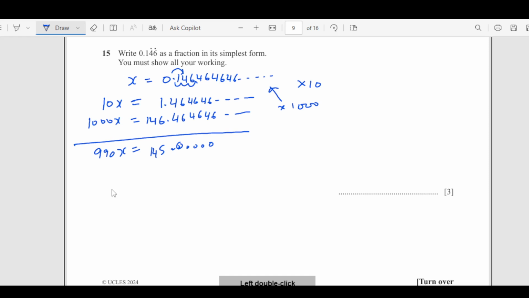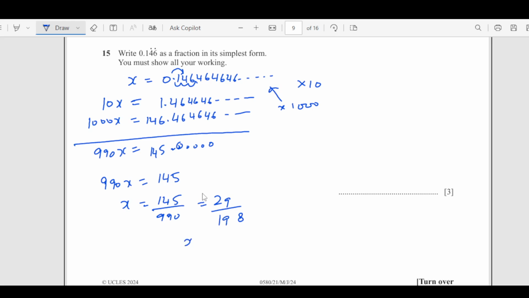Okay, so 990x equals 145. x is 145 over 990, right? So this is equal to 29 over 198 in the simplest form. Divide by 5 here. So x is 29 over 198.